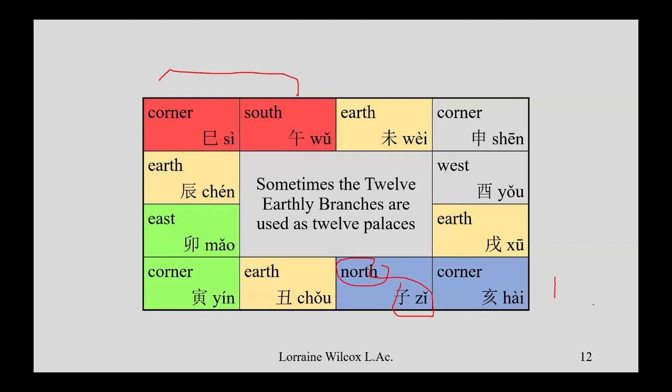The 4 main directions, north with Zi and south with Wu and east with Mao and west with You, are sometimes called the 4 peach blossoms, and they are more creative and artistic and romantic. This is part of certain things like Zi Wei Dou Shu astrology. But again, that's beyond today.